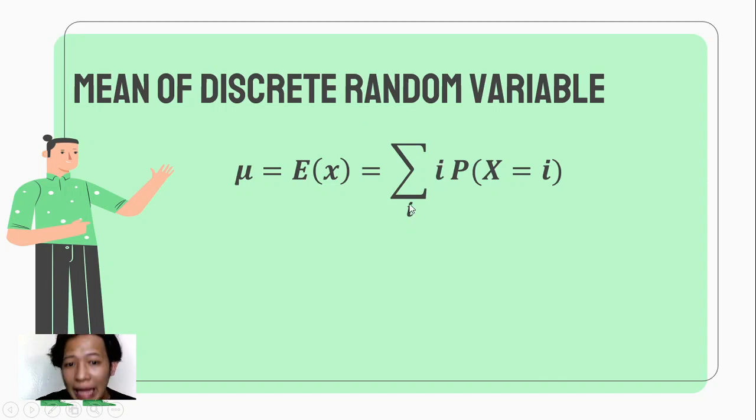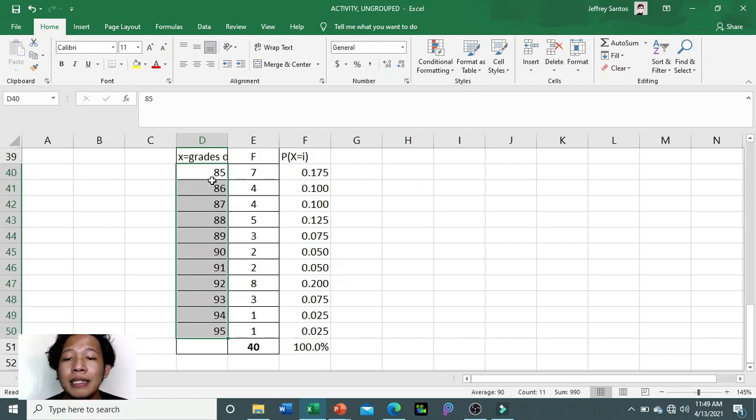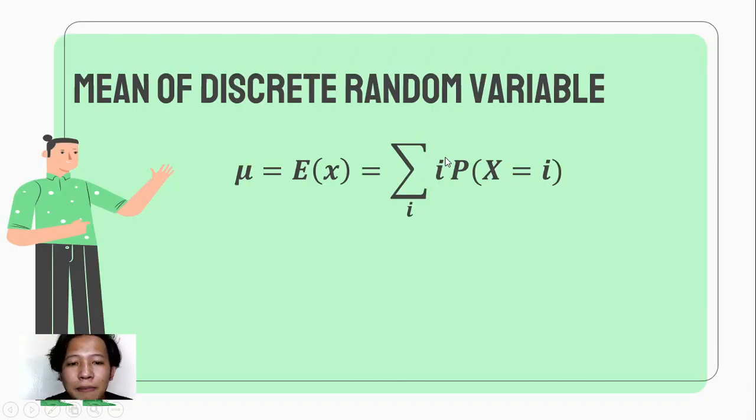Here, i is the possible outcomes of our random variable, which is the grade. So we have to multiply i, the grade, with its corresponding probability.